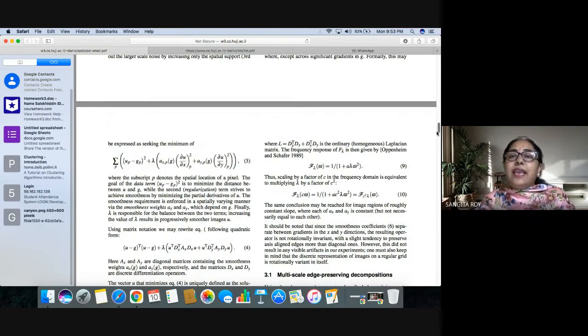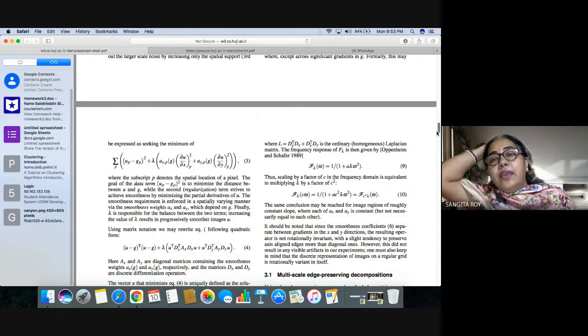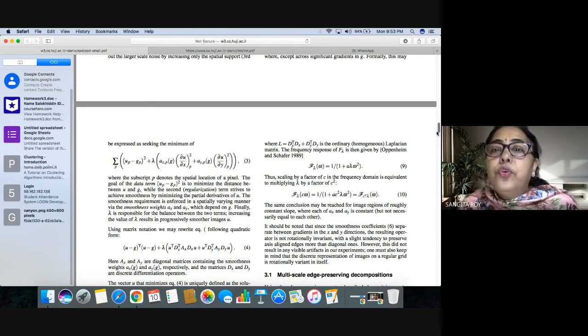If there is a scaling by a factor of c, or any constant factor, the Fourier transform will change accordingly to 1 divided by 1 plus a c square lambda omega square. Therefore, as the frequency increases, the response of the Fourier transform will decrease.